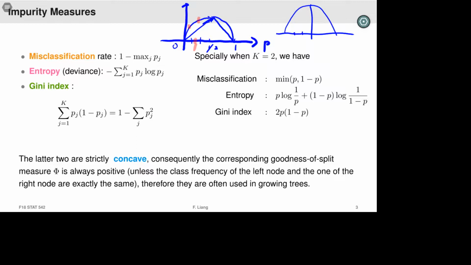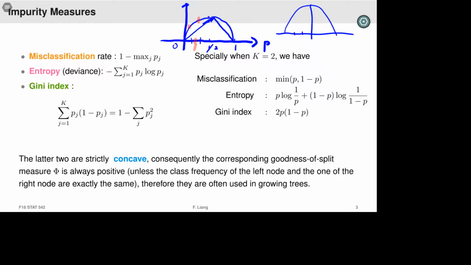I can explain why this is true. P sub R and P sub L are the percentages of how many total samples go from the parent node to the left and to the right. So the percentage of ones in the parent node is a weighted sum of the percentages of ones on the left and the right. Agree?